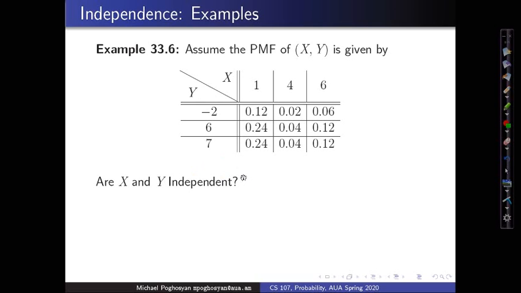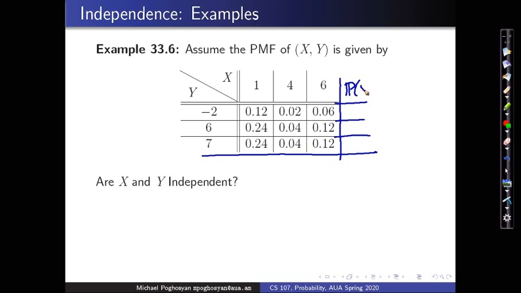Now the next one, with the same values for x and y, but with other probabilities. Let me check if these random variables x and y are dependent or independent. So I'm calculating marginal distributions, marginal PMFs.